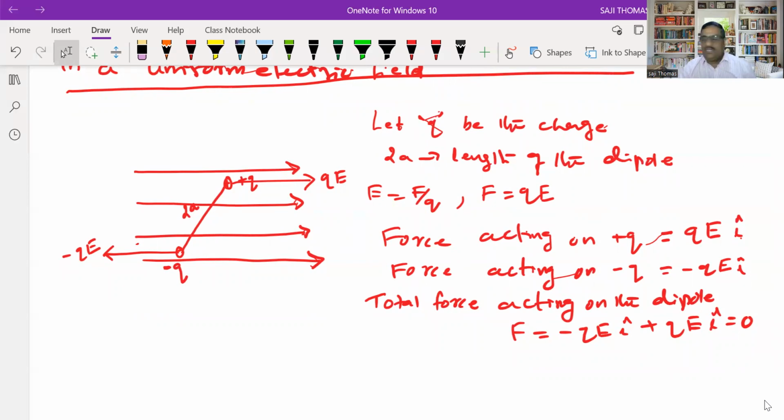If electric field is along the x direction and you release the dipole, it will align along the field direction. So what is the effect of this torque? The torque acting on the dipole tends to align the dipole along the field direction.